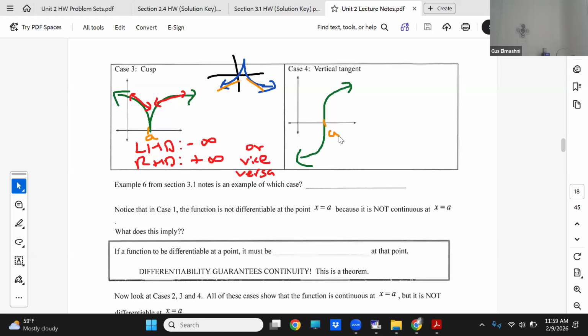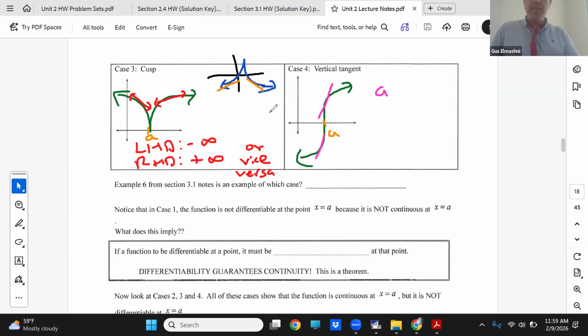For a vertical tangent, what's going to happen is something like this. As I'm looking at each side here, as x approaches A, I'll just write the left and right-hand derivatives.